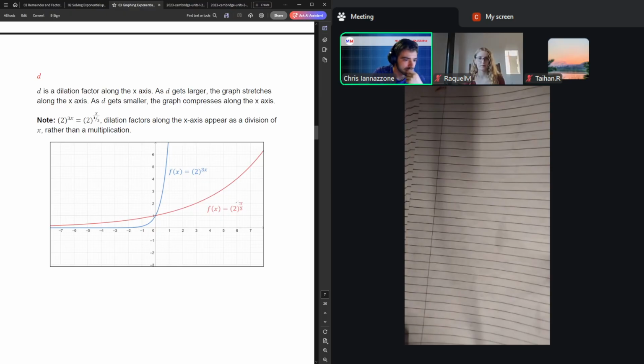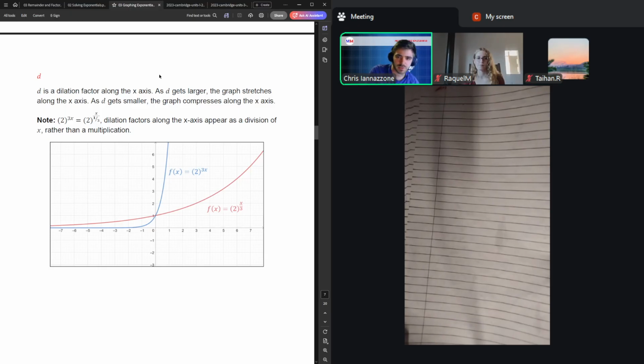You can also have dilation factors attached directly to the x. Just keep in mind that in this case, technically 3 is a dilation factor here, and this would be a dilation factor of a third, specifically along the x or from the y.